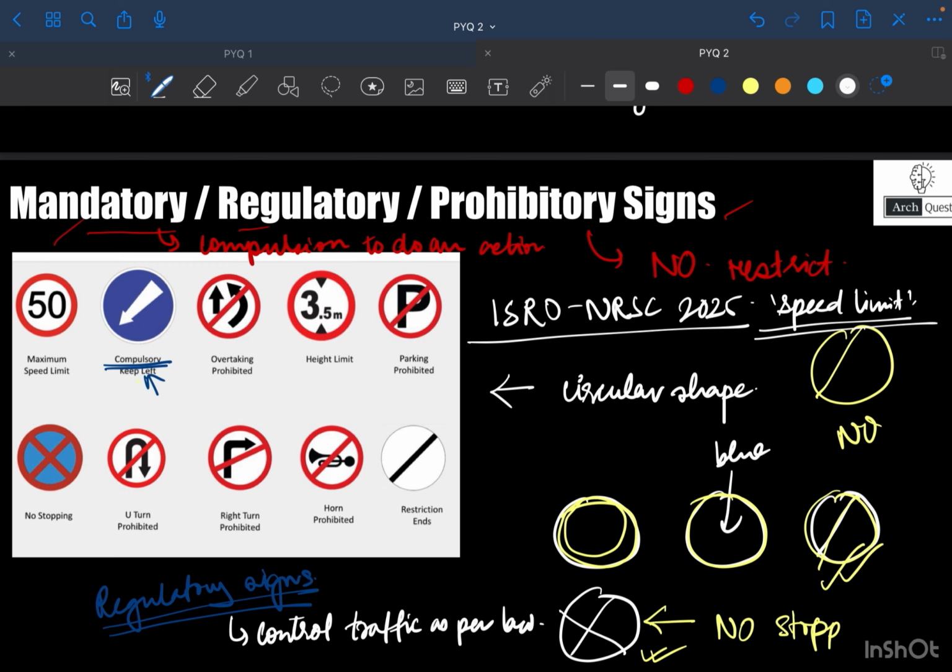Speed limit is basically asking you to do something. ठीक है, it's not saying कि मत करो, but limit करने बोल रहा है, trying to enforce a law, right? So here you see maximum speed limit क्या होगा? So it comes under mandatory या regulatory signs. So that's there. So yeah, that was about the regulatory signages.